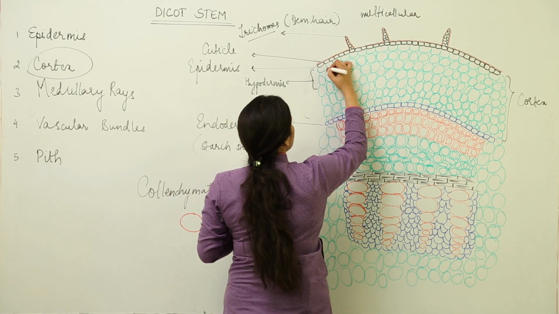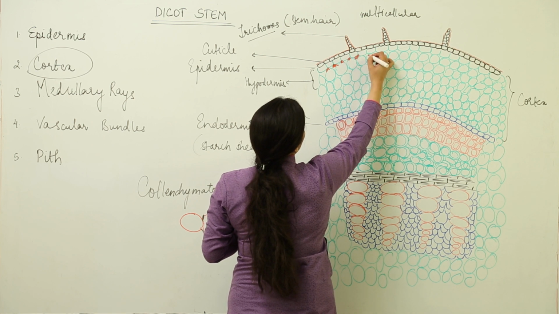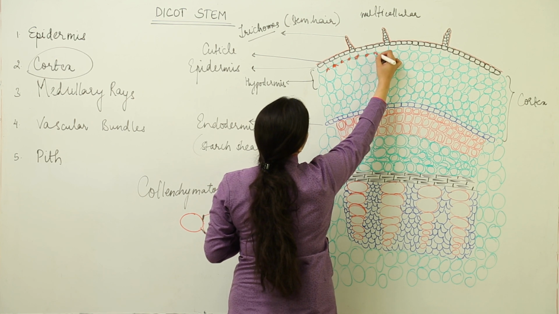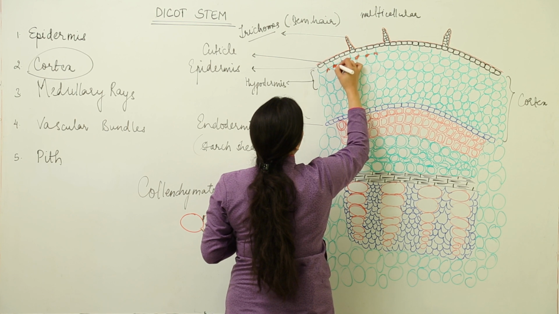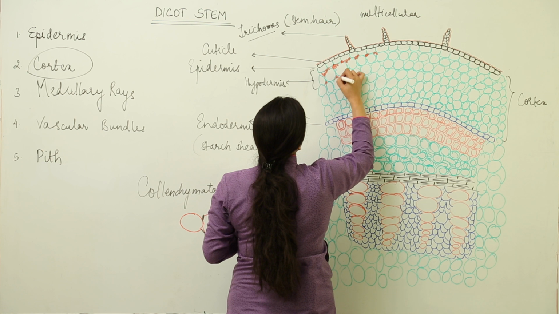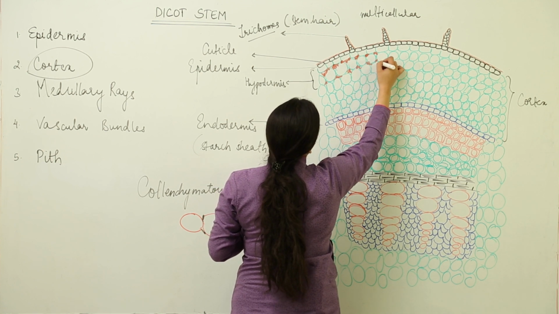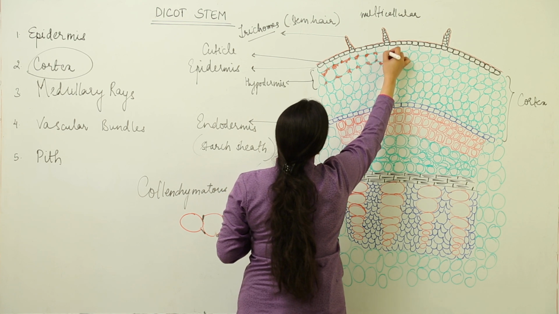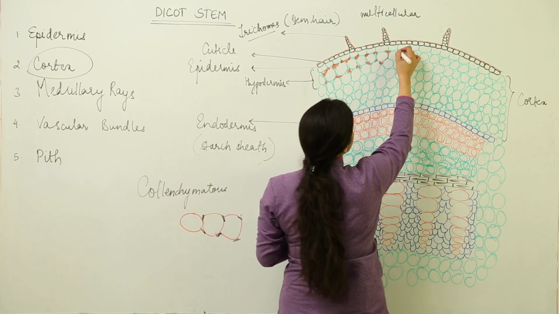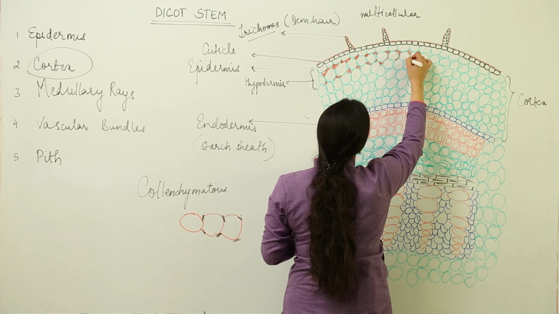So these regions having hemicellulose deposition, wall thickenings where the cells are joining, form the hypodermis in the dicot stem. This is my way of representing collenchymatous thickenings.